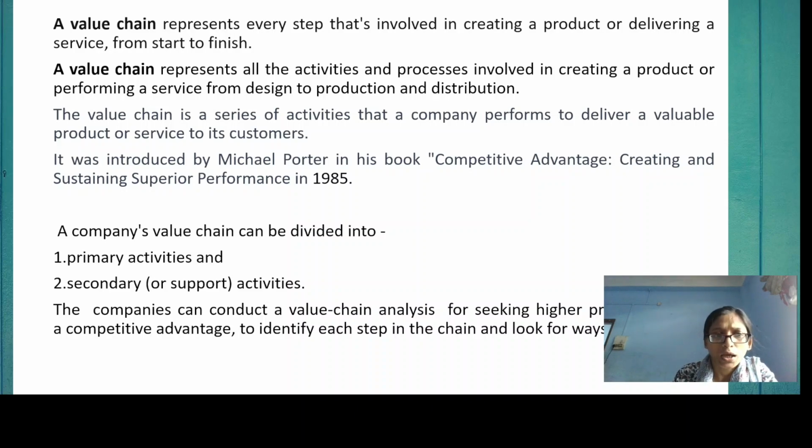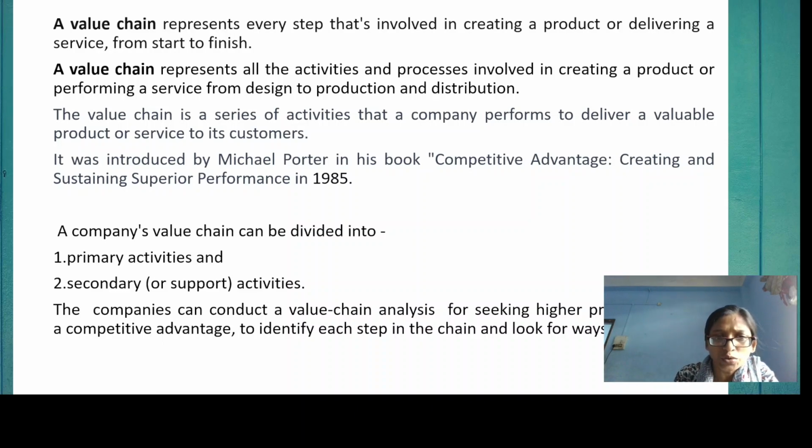Okay, so value chain represents all the activities and processes involved in creating a product or performing a service from design to production and distribution. The value chain is a series of activities that a company performs to deliver a valuable product or service to its customer.